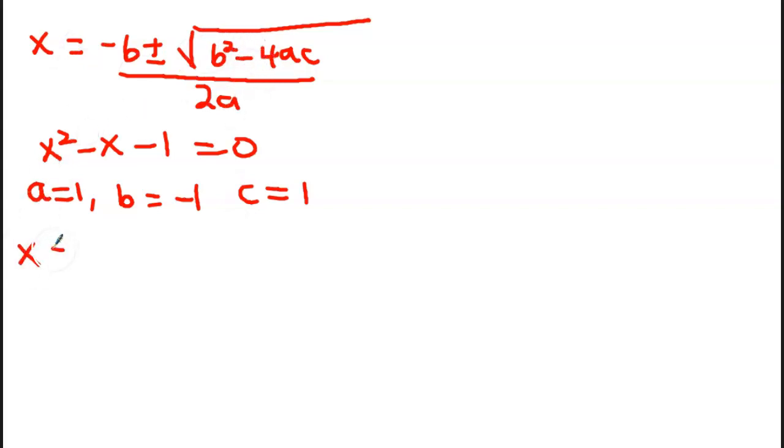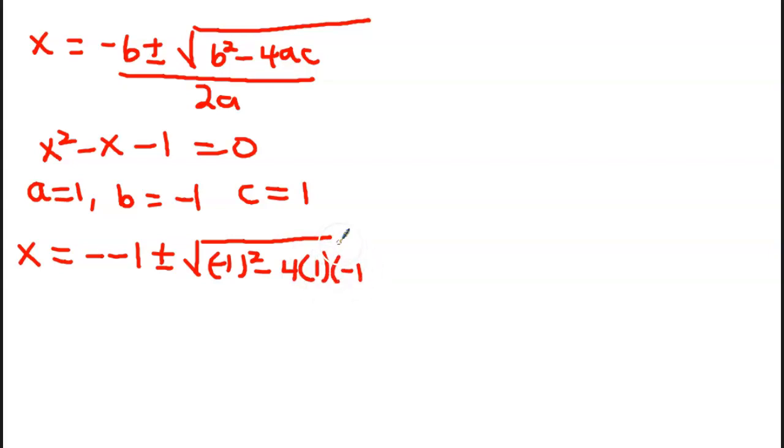So x will be equal to minus minus 1 plus or minus square root of minus 1 all squared minus 4 times 1 times minus 1, that's our c, divided by 2 times 1.